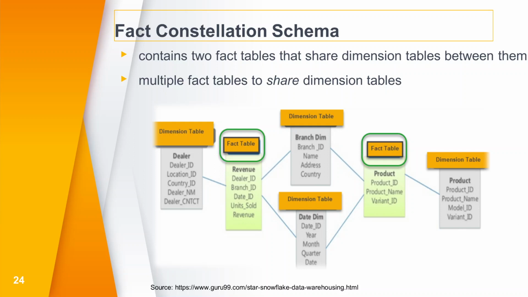Parang constellation. In this particular example, we have two fact tables, and these fact tables are connected to dimension tables, branch and date. They shared two dimension tables.